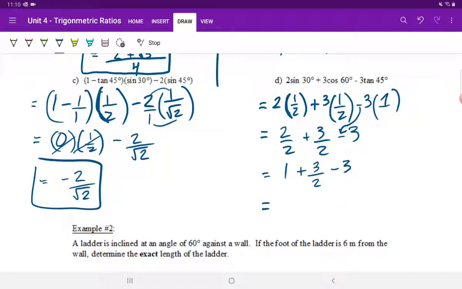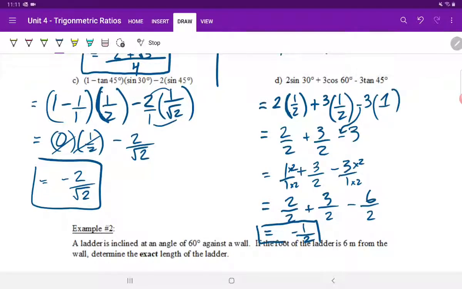I need to figure this out as one fraction, as an exact value. So my common denominator for all three here is going to be 2. Okay? So this is over 1, this is over 1. So we multiplied this by 2, so we do the same to the numerator. Here we multiplied by 2, so we do the same to the numerator. And now we can figure this out. So it's 2 plus 3, which is 5, minus 6 is negative 1 over 2, or negative 1/2.